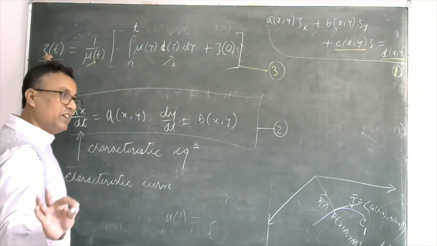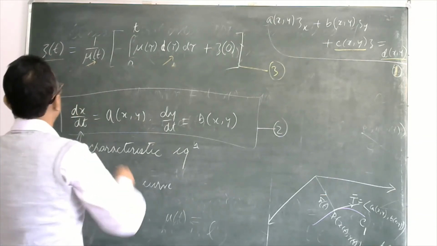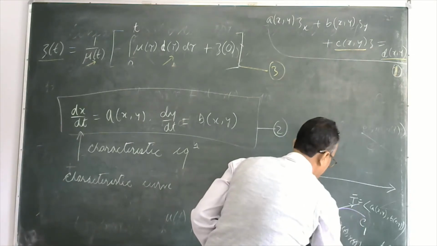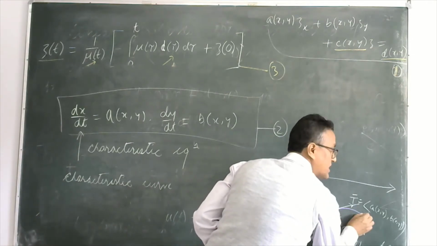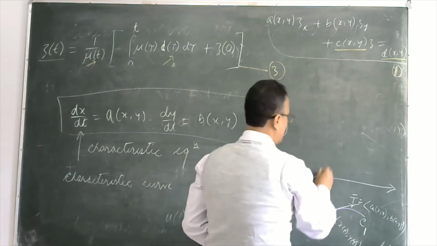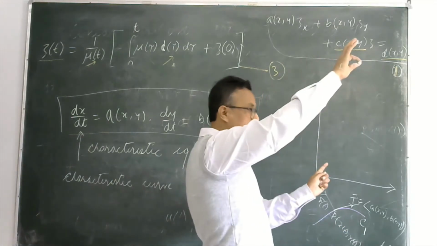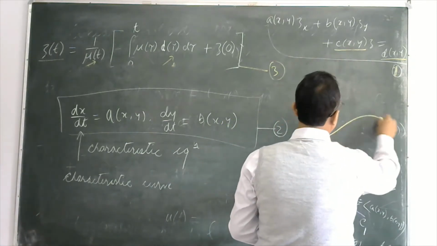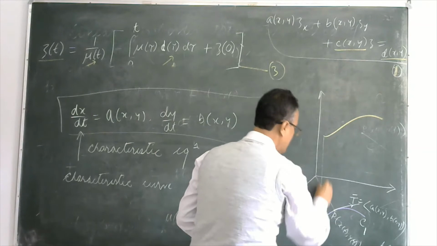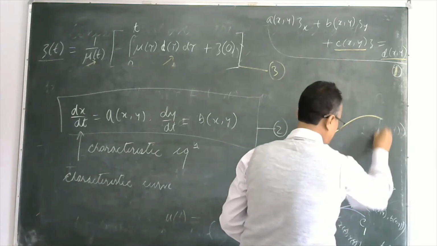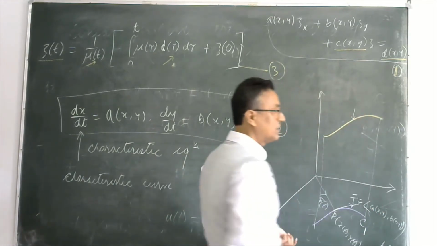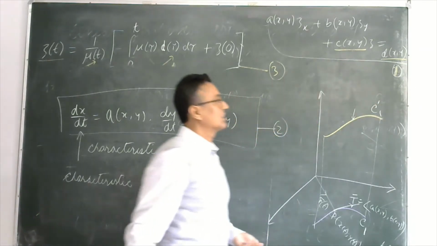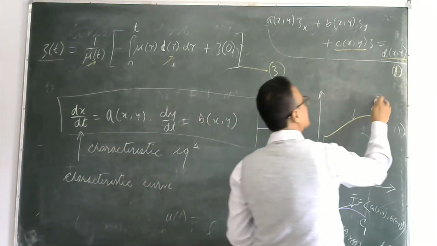So what is happening when you are solving for j? For each value of t here, you are going to get a point in space. That is going to define another curve here, let me call it C1 tilde.